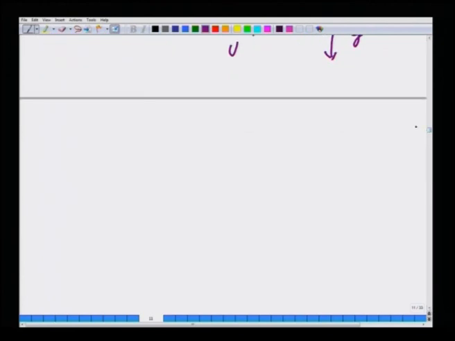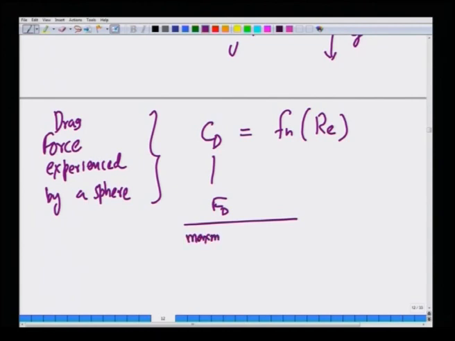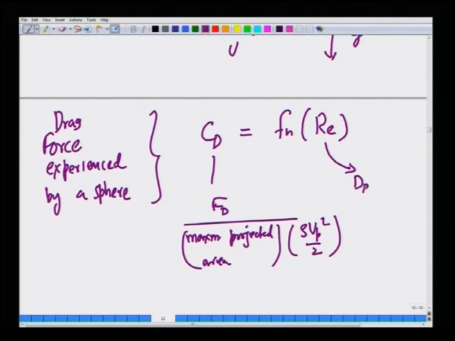Now, we already know that the drag force experienced by a sphere is correlated in terms of non-dimensional groups, C d as a function of Reynolds number, where C d is nothing but 2 F d, the force, divided by the maximum projected area times rho V p squared by 2, and the Reynolds number is defined as d p V p rho by mu, where d p and V p are the diameter and velocity of the particle.